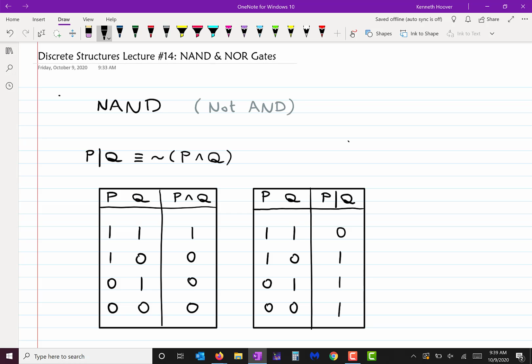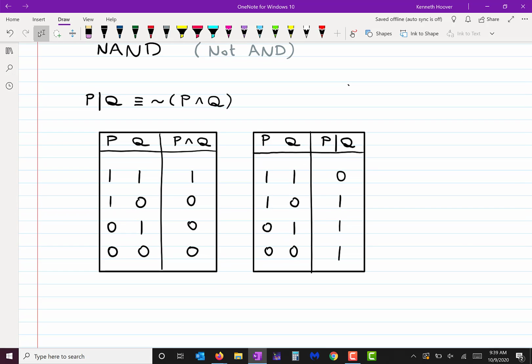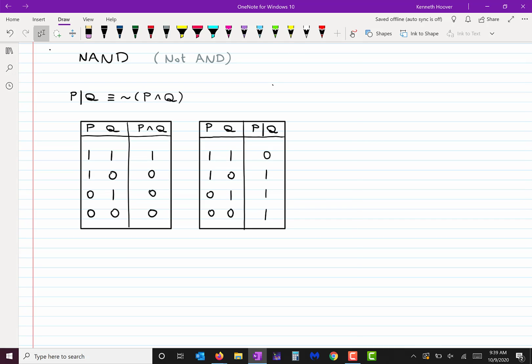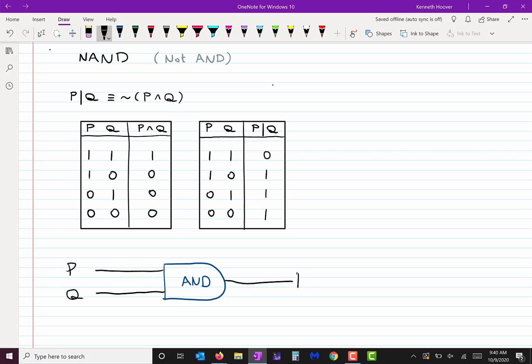Now, if you're drawing a circuit, this is what a NAND gate would look like. I'll start by drawing an AND gate. Let's call the inputs P and Q. We'll call the output R. Okay.